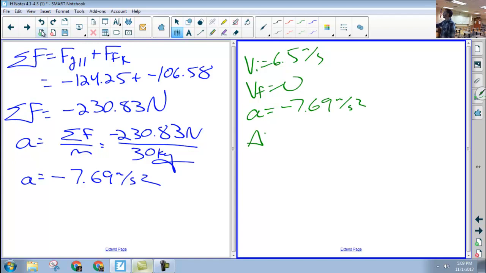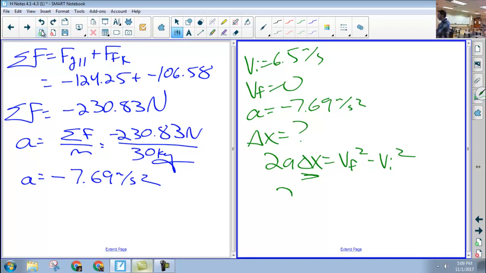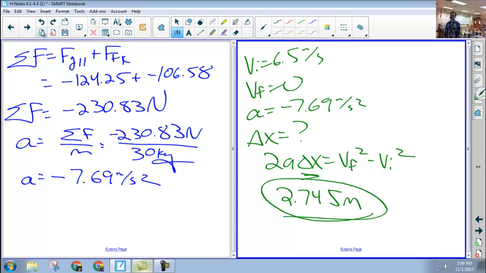We want to know how far it's going to go. So dig out your old kinematics equations, and I think this one will work, and solve for displacement. I'll leave you guys to do the algebra. If you solve this, you get 2.745 meters. So that's how far the block slides up the ramp before it stops.